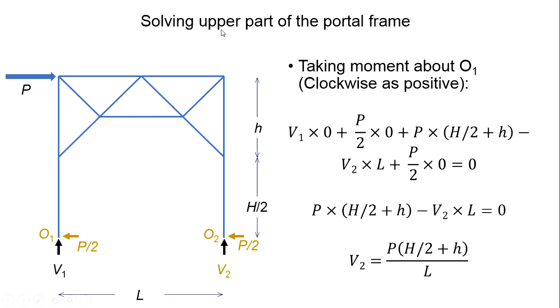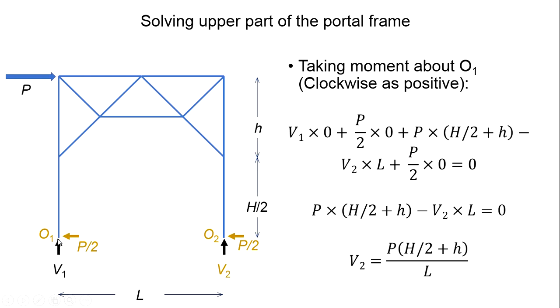Now, solving the upper part of the portal frame, we take moment about any of the points of contraflexure. Let us say we are taking moment about O1, which is the point of contraflexure in the left column. We are considering clockwise moment as positive.